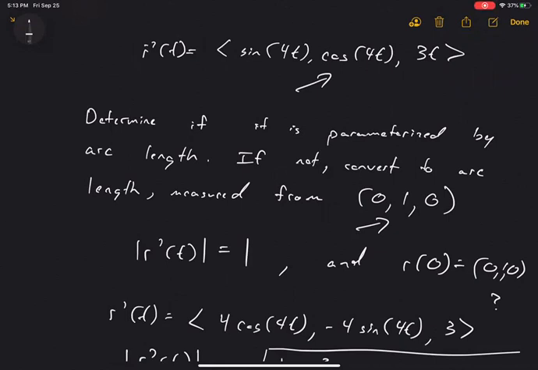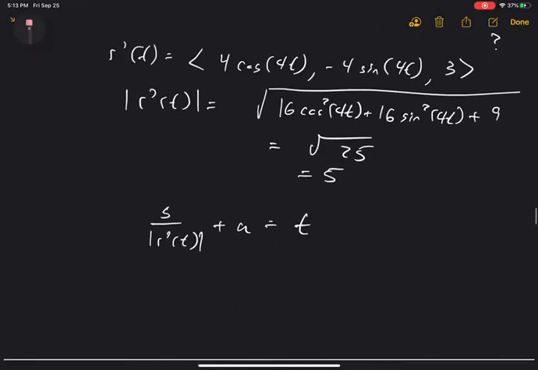Does 0 match up with the other two components? Yeah, when I plug t equals 0 into this, I get 1. When I plug t equals 0 into this, I get 0. Okay, so t equals 0 works. So it looks like my A is equal to 0.